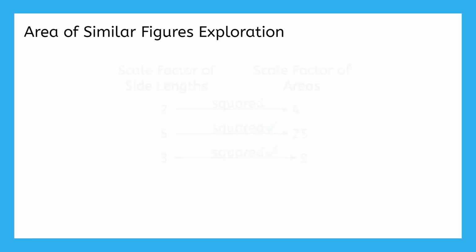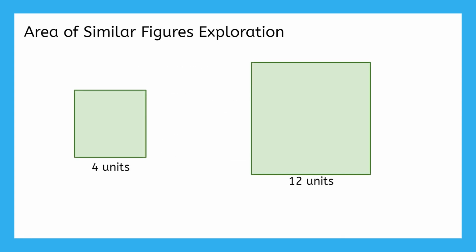Let's take a look at something like a square. One square has a side length of 4 units, and the other has a side length of 12 units. So the scale factor between the side lengths is 3. That means I can rewrite the larger side length as 4 times 3 units. The area, length times width, of the smaller square is 4 times 4, or 16 square units.